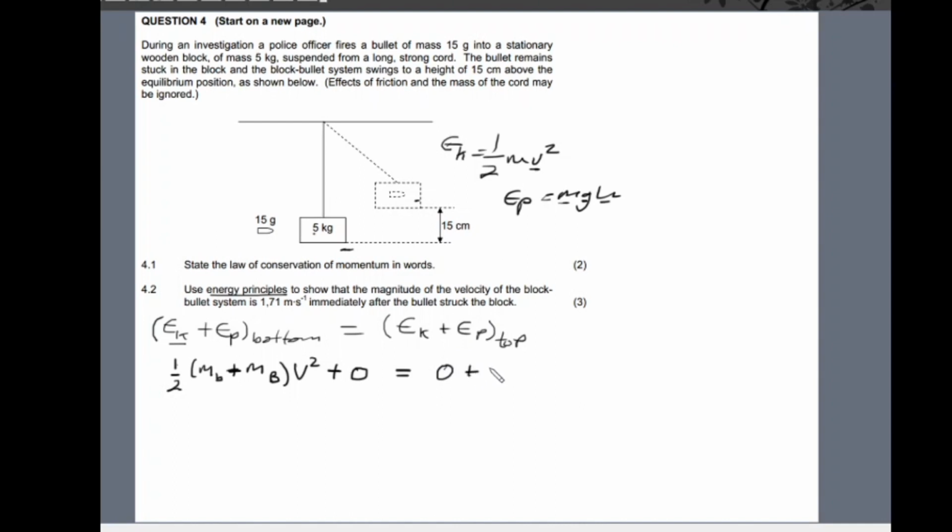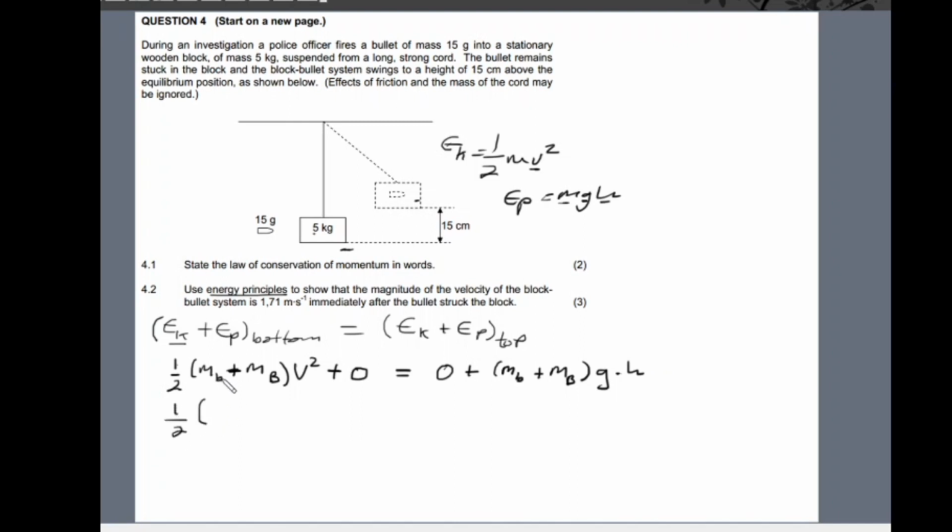Now we'll have the potential energy of the block-bullet system, right? So it's the mass of the bullet plus the mass of the block times the gravitational acceleration times the height. Now let us substitute. We have one over two.